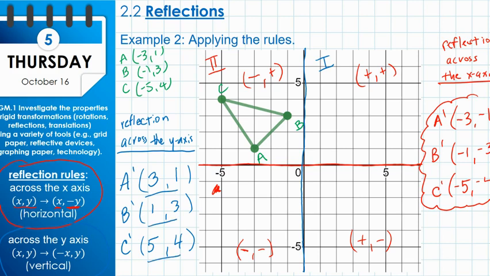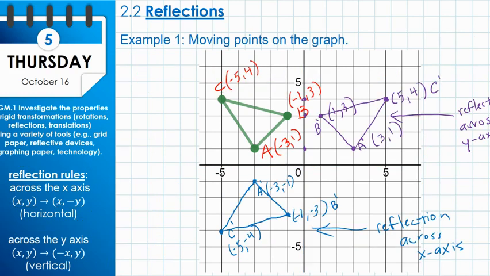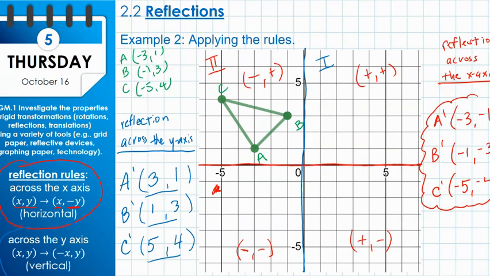And again, if we look back at the previous 1, 3, 3, 1, 5, 4, coordinate points matched up. So applying the rules or moving the coordinate points both work. Whichever of the two is the easiest for you to follow along, that's the method that you need to use.